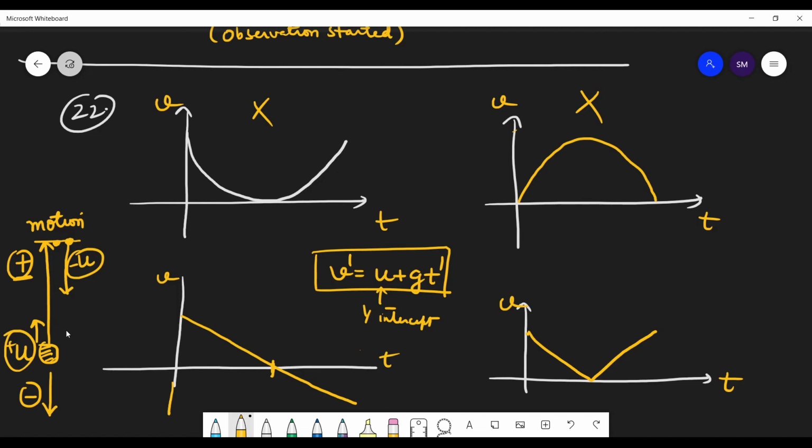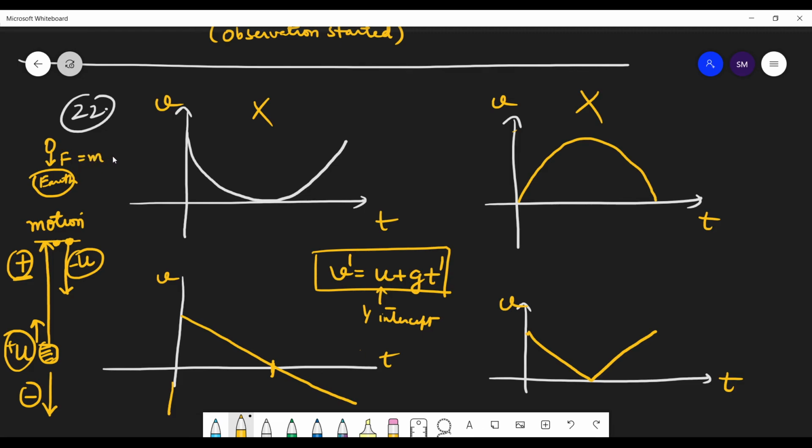Okay, that's good. Next thing, what is the acceleration when the body was going up, and what is the acceleration when the body was going down? Always remember a thumb rule. This is our earth and this is our ball. The ball is always pulled by the earth, so force is always acting downwards.